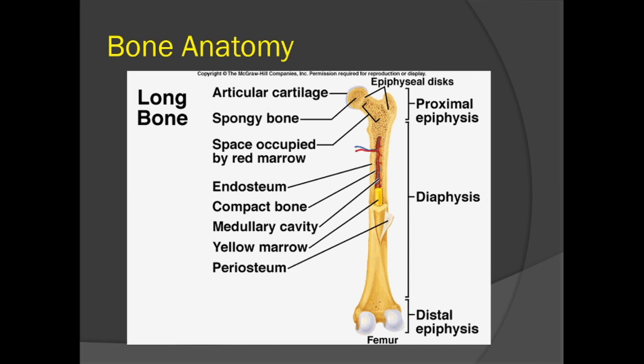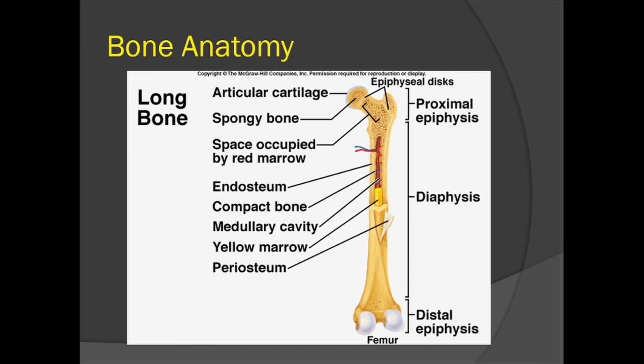Medullary cavity housing yellow marrow, wrapped around with the periosteum. Spongy bone in the epiphyses, and you can see the epiphyseal discs that are located there at the proximal epiphysis, the area where there is growth occurring within those bones.